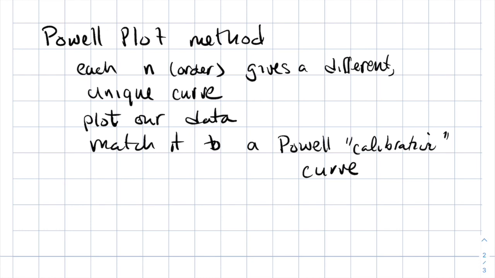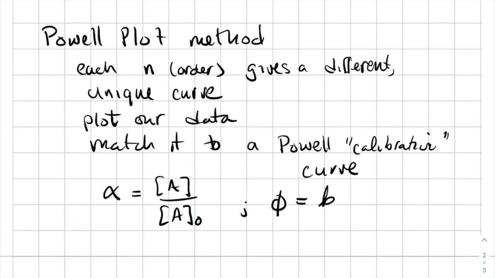Let's look and see how the Powell plot works. We define the alpha exactly the same way as we have before, A over A naught, but we also have this other parameter phi, which is the rate constant times the initial concentration to the n minus 1, times time.